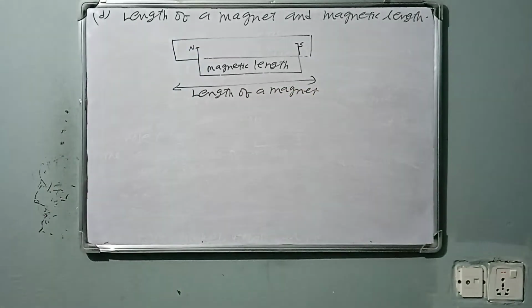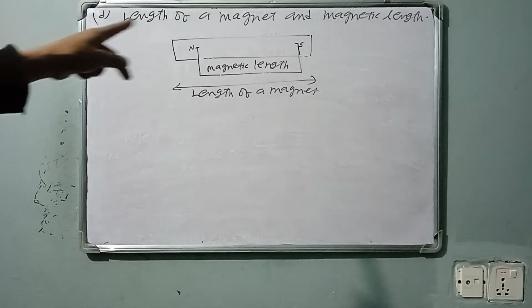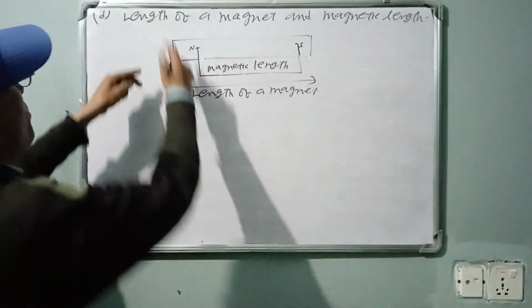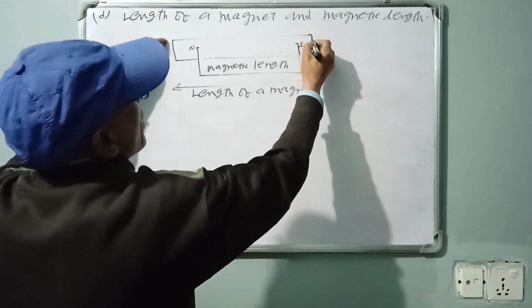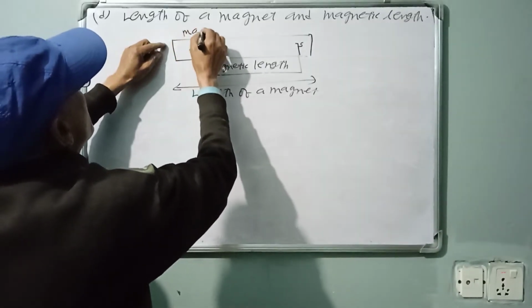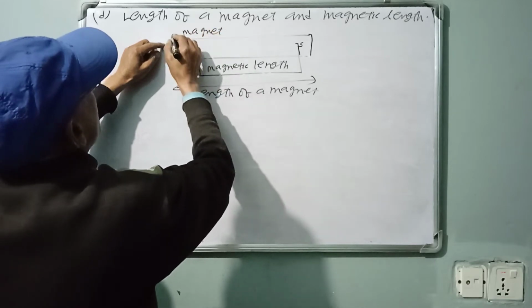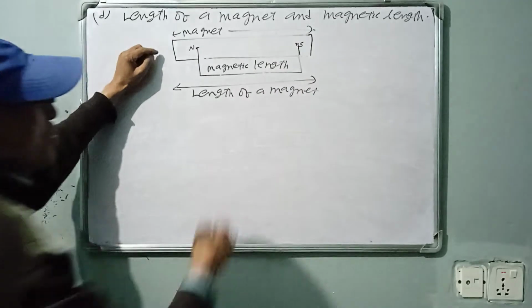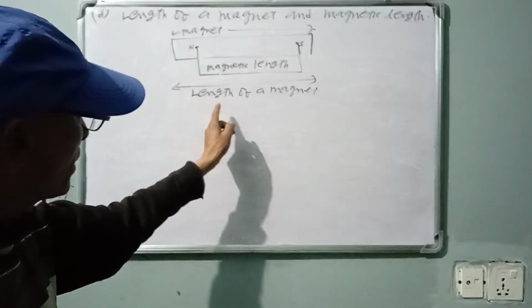So to distinguish between length of a magnet and magnetic length, first I have drawn a diagram of a magnet. This is a magnet. See, the whole is the magnet, okay? And here north pole, here south pole. The distance between the north pole and south pole is the magnetic length.